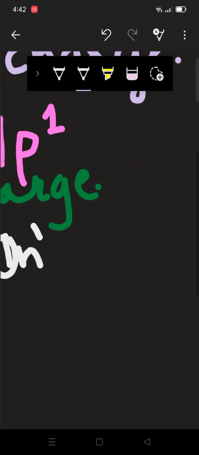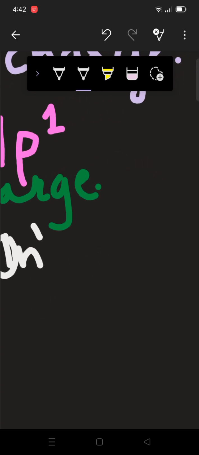Now let's go with neutron. How do we write neutron? So 1 neutron, since neutron has no charge, let's write this as 0. Alright, and it has a mass 1. Now let's see why neutron has no charge.